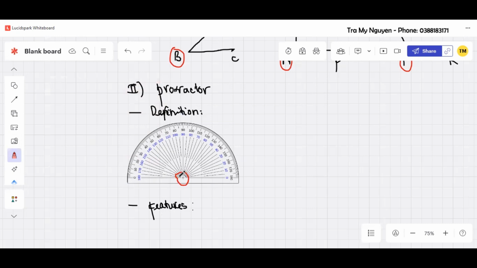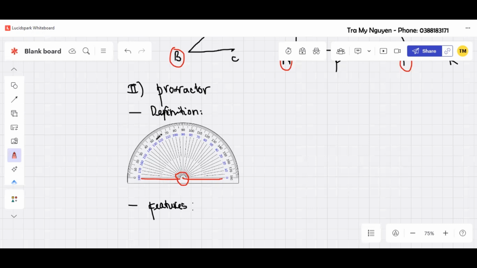It is very important. It also has two different baselines, the line on the right and the line on the left. The right baseline and the left baseline here, okay?